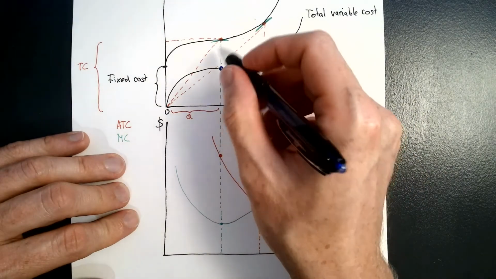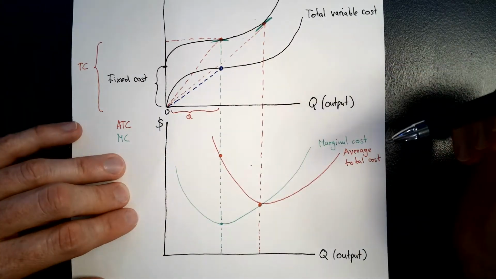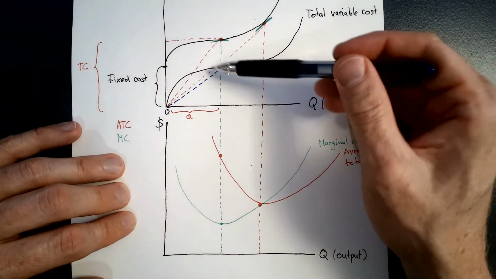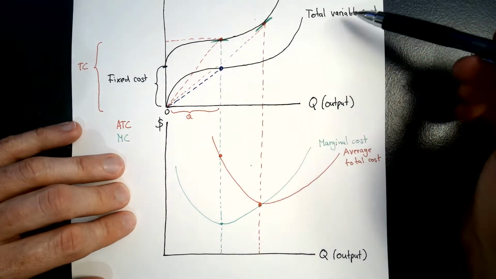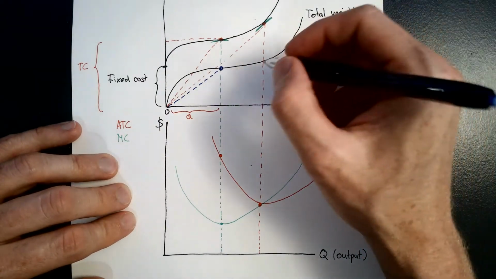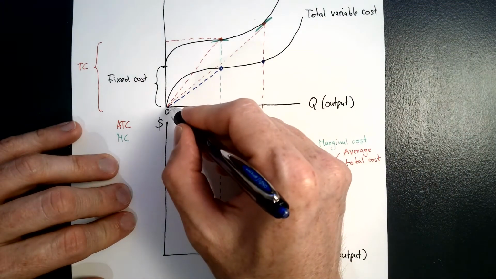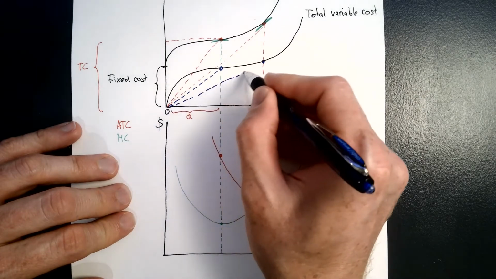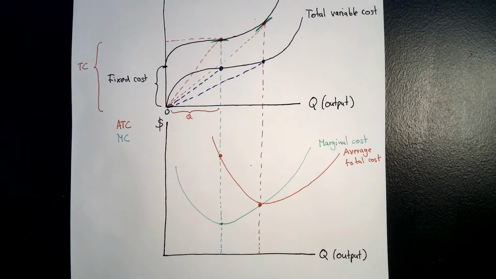you can, again, for this point, connect it to the origin. And you see that the slope is going to be smaller than the connecting line for the total cost. So what this means is that for any point you choose on the total variable cost function, and you connect that point to the origin, for the same point, the average variable cost is going to be lower than the average total cost.